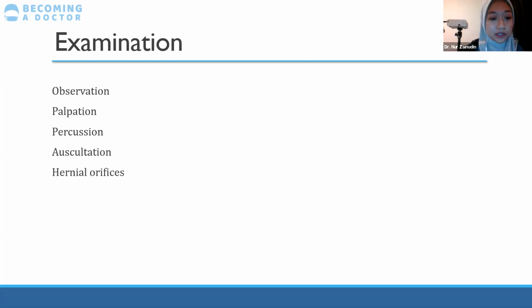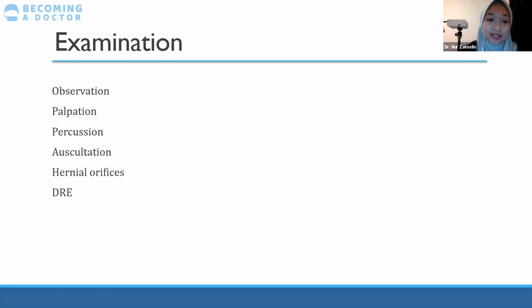Hernial orifices, just to cover every base, and also a digital rectal examination. Not a very pleasant test, and I don't know if anyone's heard, but a lot of surgeons believe there are only 2 contraindications to not doing a rectal examination. One is you not having a finger, and secondly, the patient not having an anus.